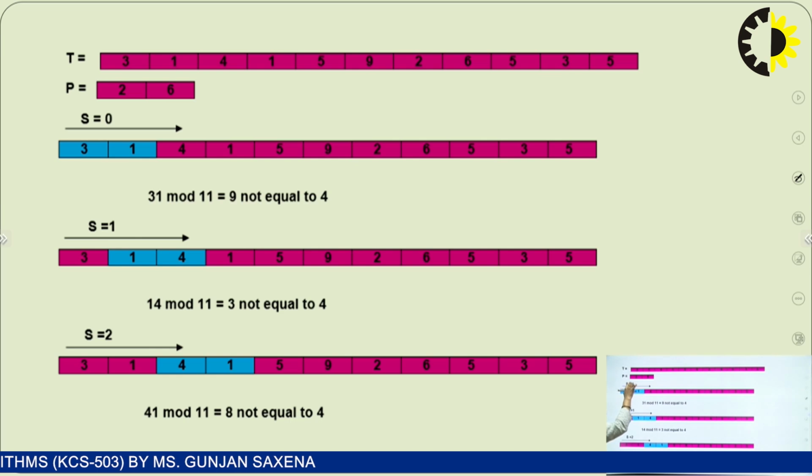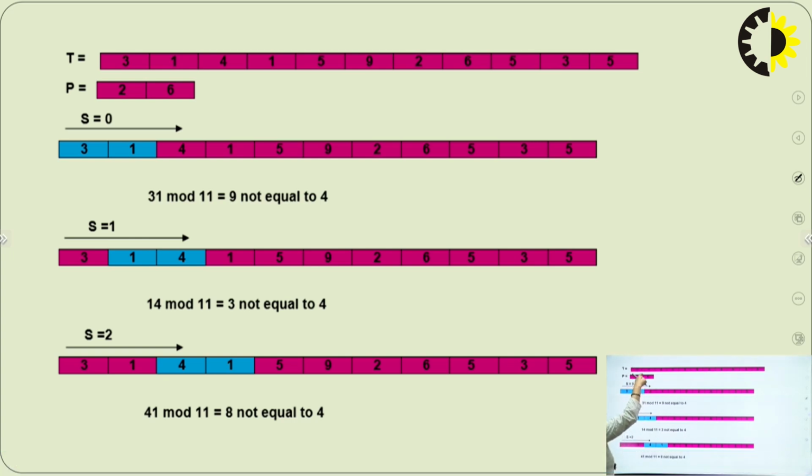At s equals 0, there is no shift in this step. Here for 31 we calculate the hash value the same way as for the pattern: 31 mod 11 is 9, which is not equal to 4.